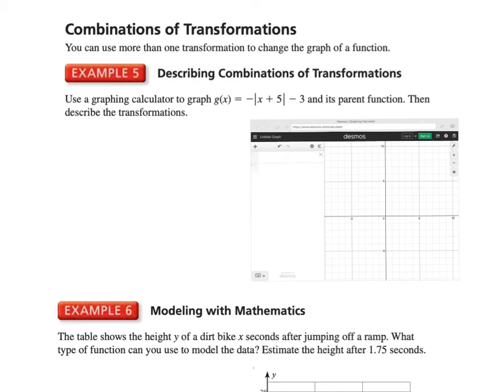So let's graph this. Now let's talk about the parent function. We notice we have absolute values, so the parent function is the absolute value function. We'll call it f of x. So f of x equals the absolute value of x.